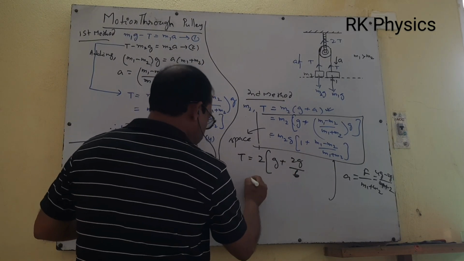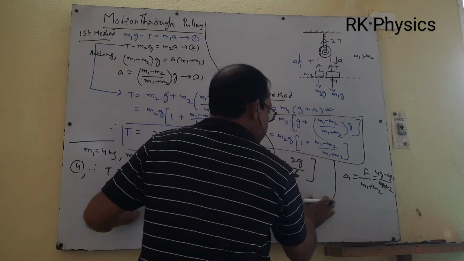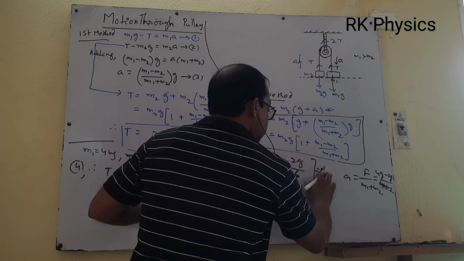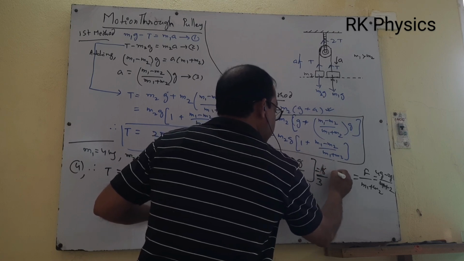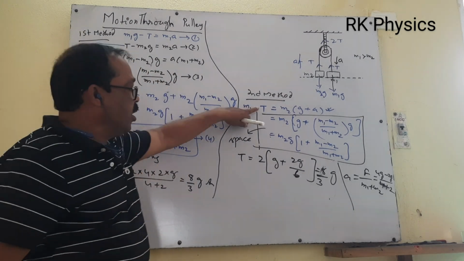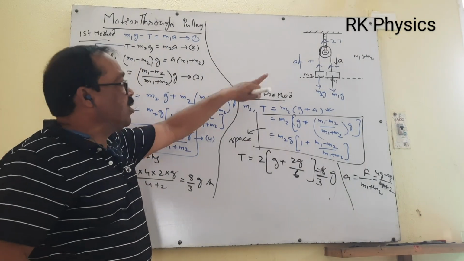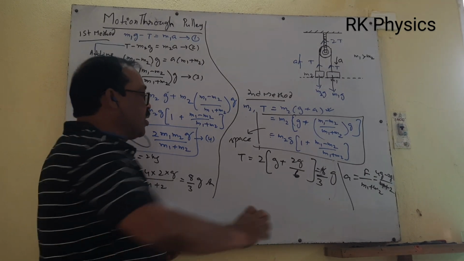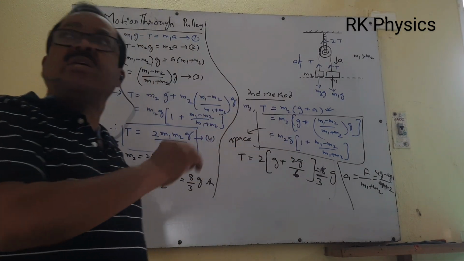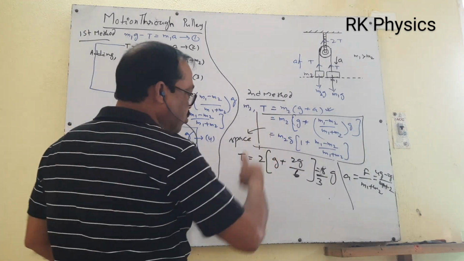Here there is a 2, so you will get 8 by 3 into g. This is your answer. So if you use the formula of a lift in a pulley and keep these things in mind, it is not necessary to write each and everything on your paper, then it is easy to solve.